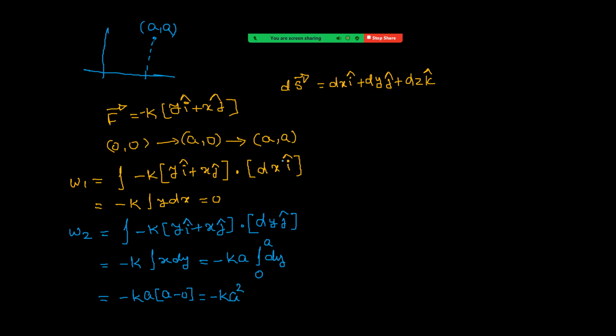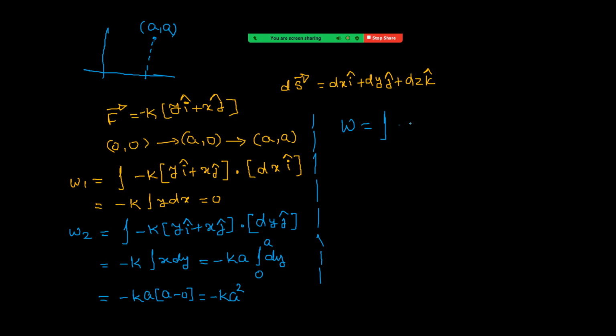Now the same question we can solve directly, without taking along x and along y separately. Let us see how. Writing directly here, W equals integral F bar dot ds bar.